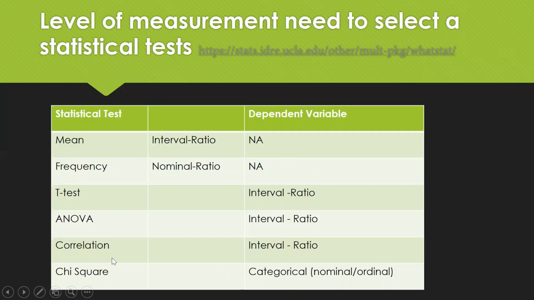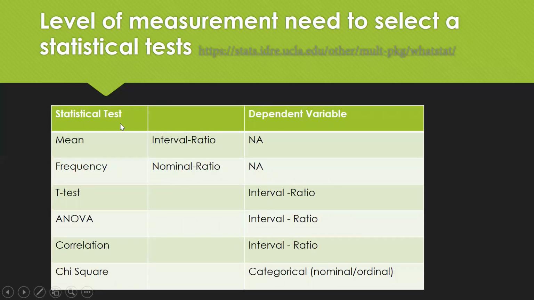I am trying to simplify this content for you and just give you a few of these values. Remember, I've focused a lot on the chi-square being categorical. That could be nominal or ordinal data. Then the t-test, ANOVA, and correlation, the dependent variable, all needs to be in this interval or ratio area. So that is different from categorical data.